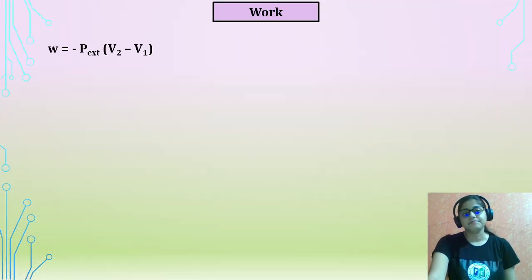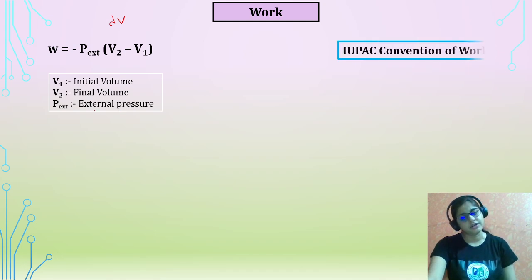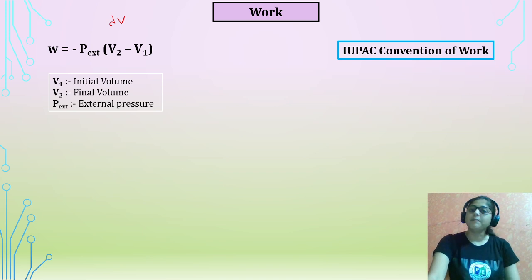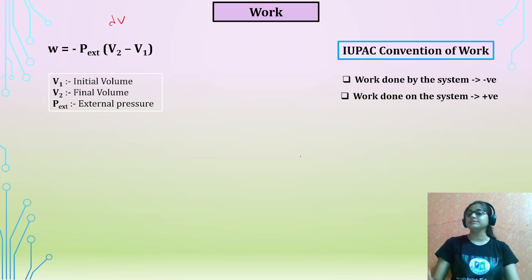So work. First, in general, work is, we know, PdV, where dV is the change of volume, right? So we can write V2 minus V1, and P here is P external. P external is the external pressure, V2 is the final volume, V1 is the initial volume. IUPAC convention of work, I have previously told you, is that work done by the system is negative, work done on the system is positive.